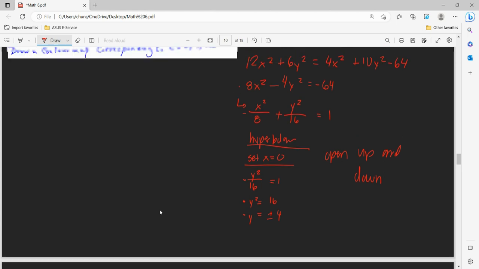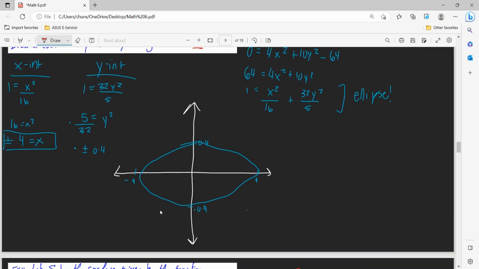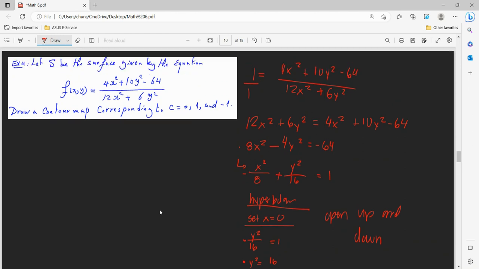Okay, so let's add those values. Right, and it has y-intercepts at 4 and negative 4. None of this is to scale, of course. Okay, so that is our second one.